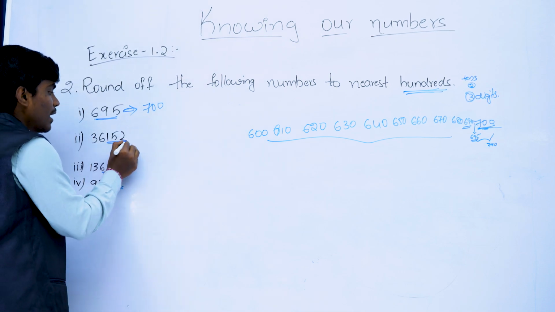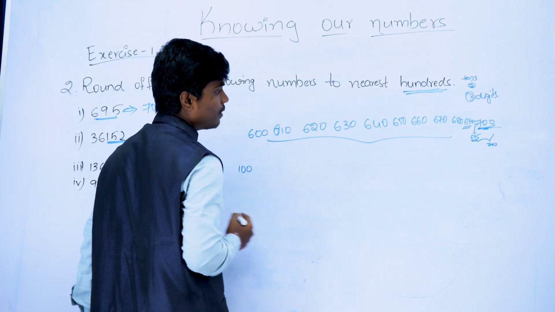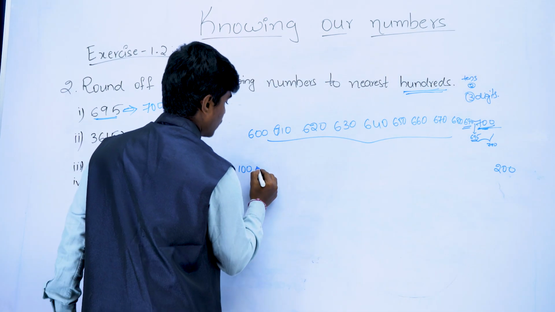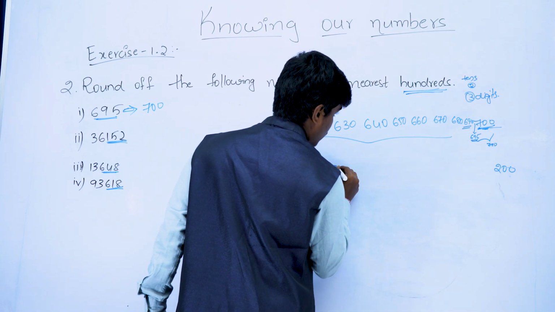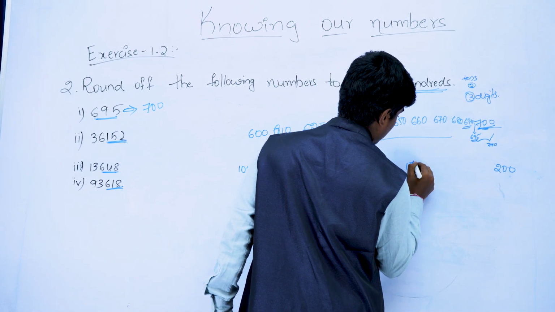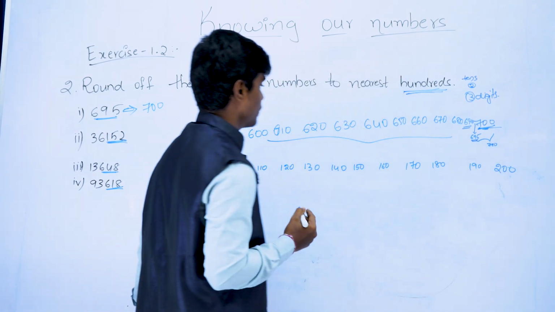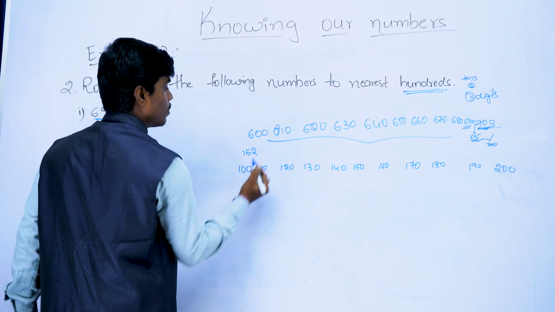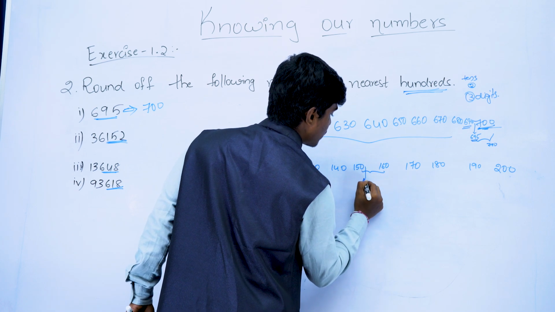Now 36,152. See, 152 lies between 100 and 200: 110, 120, 130, 140, 150, 160, 170, 180, 190. 152 lies between 150 and 160.